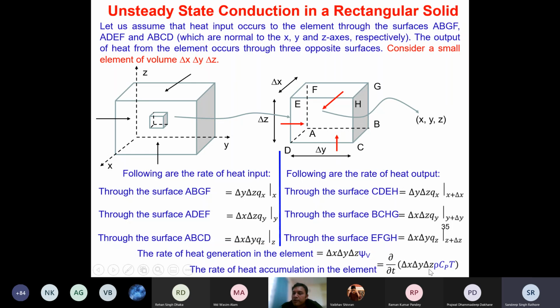Volume multiplied by rho gives you the mass. Mass into Cp T is energy. How this energy is changing with respect to time, that is what the accumulation term is. Correct? Yes, sir, got it.